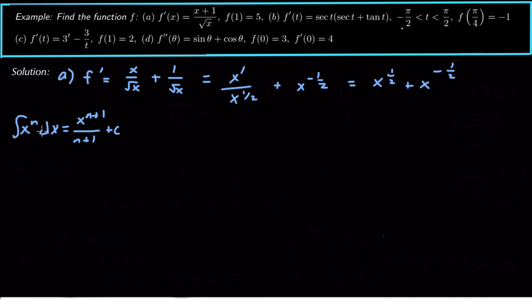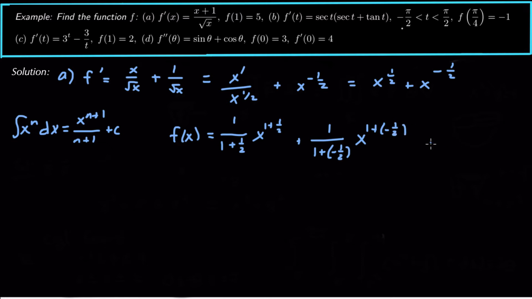So the antiderivative here, f of x, is going to equal 1 over 1 plus 1/2 times x to the 1 plus 1/2, plus 1 over 1 plus negative 1/2 times x to the 1 plus negative 1/2, plus c.